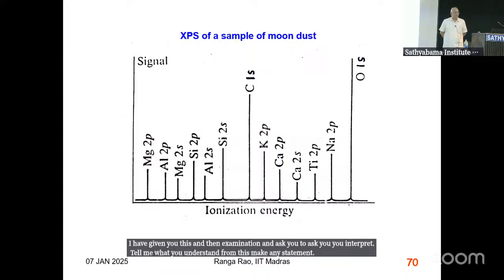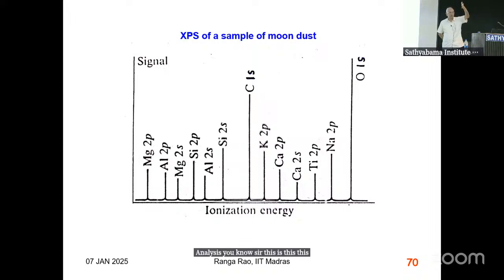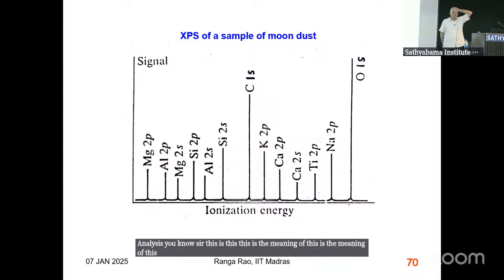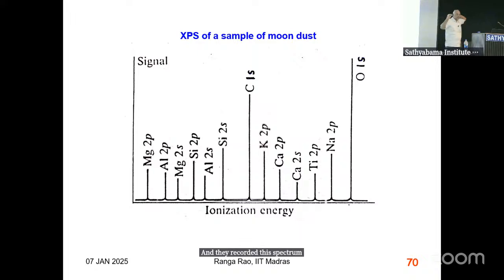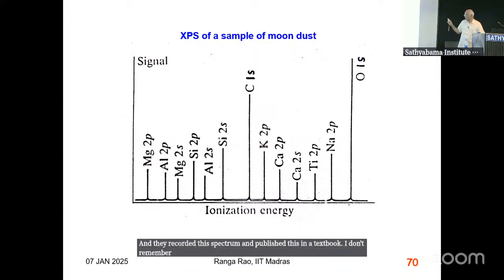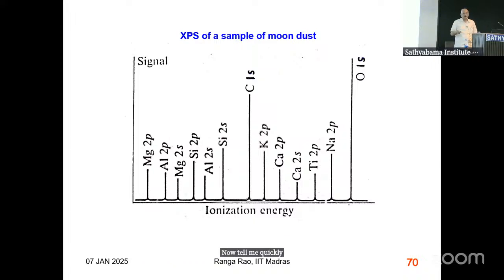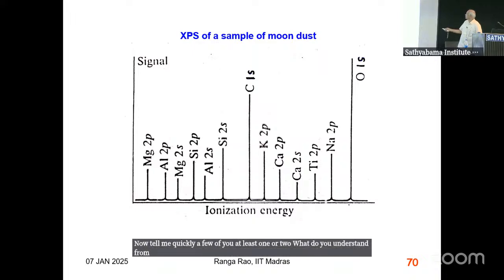This is actually moon dust collected from the moon by one of those satellites which went there and brought it to Earth, and then given to an XPS lab, and they recorded this spectrum and published this in a textbook. I don't remember which textbook I have taken this from. Now tell me quickly, a few of you, at least one or two, what do you understand from this? This is a photoemission spectrum, XPS of a sample of moon dust.